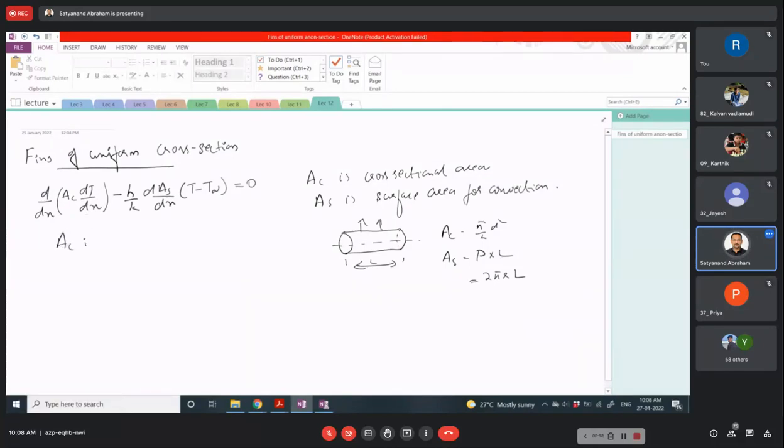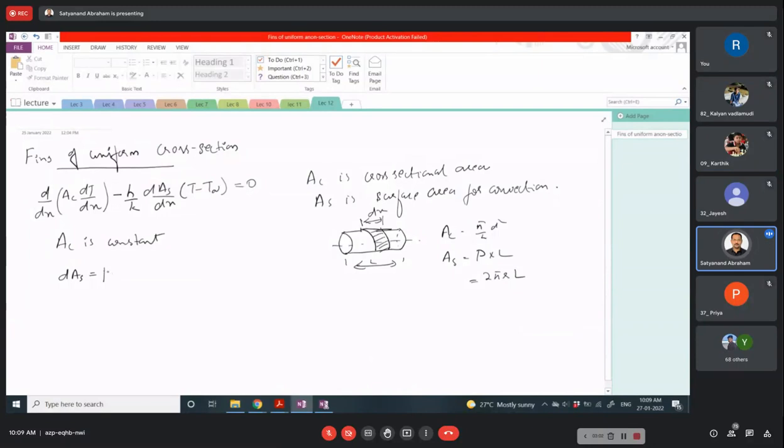So as we said, Ac is constant. And therefore we can see that dAs, if we assume a differential element of length, say dx, what is the surface area dAs? 2 pi r dx.